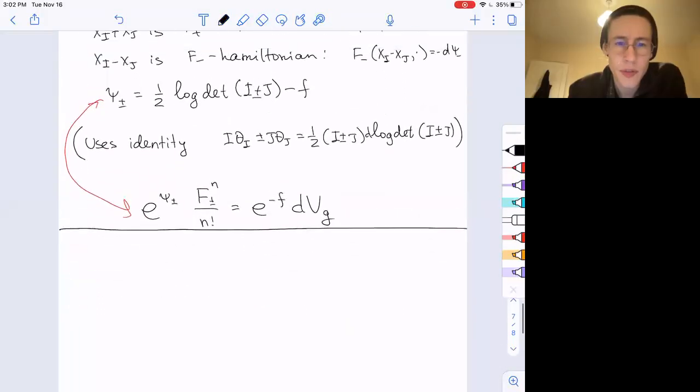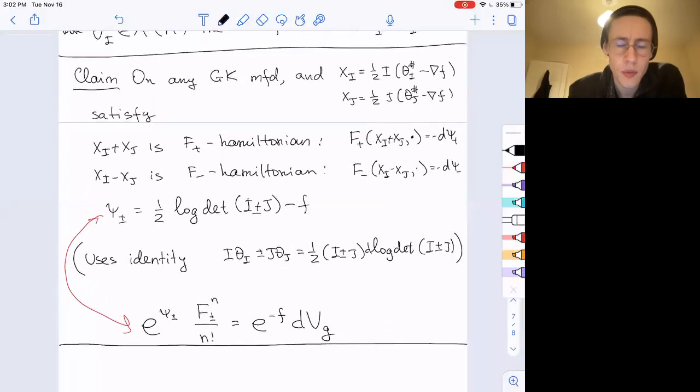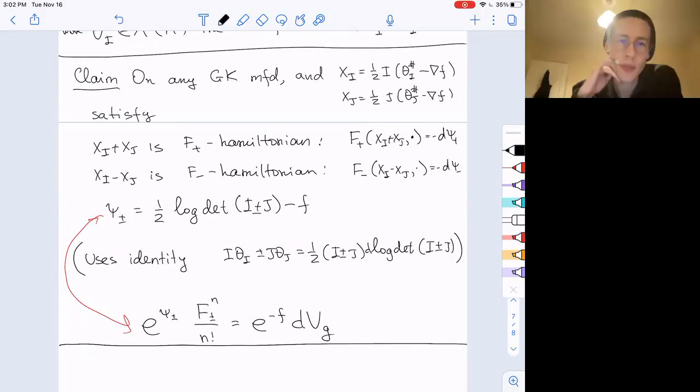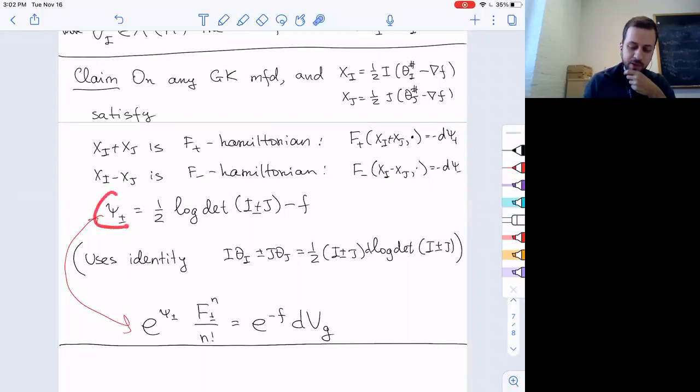Is the Hamiltonian flow of these functions related to the generalized Ricci flow? That is a good question. The answer is yes. The Hamiltonian flow, well, not Hamiltonian flow. How should I put it? Well, you know, the answer is I don't know. So the difference of psi plus and psi minus is something which Jeff and Vestislav call capital Phi in their paper.